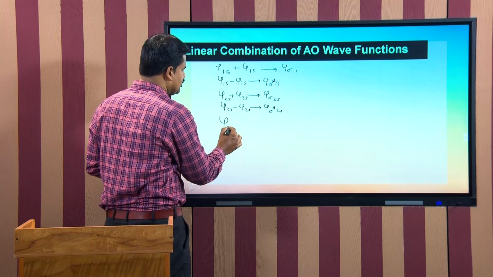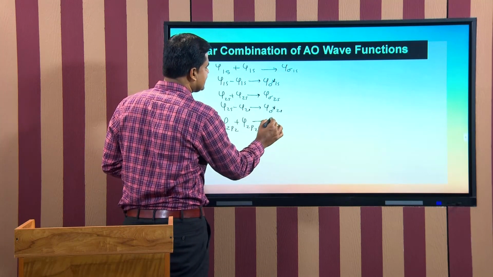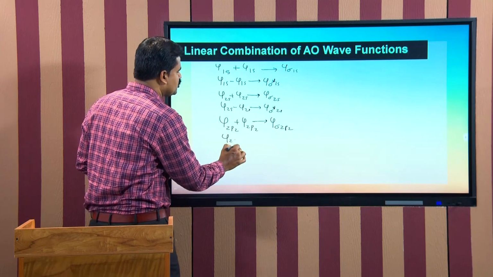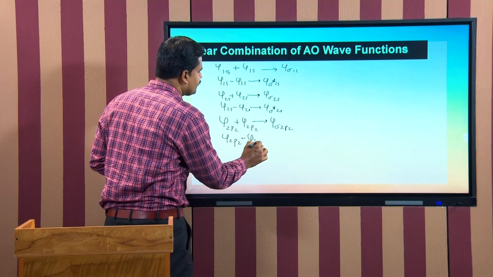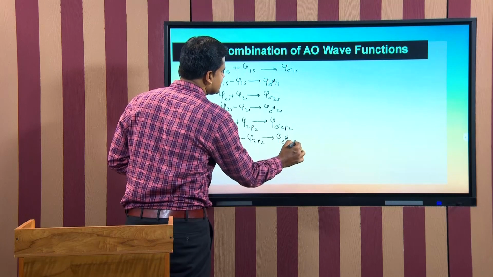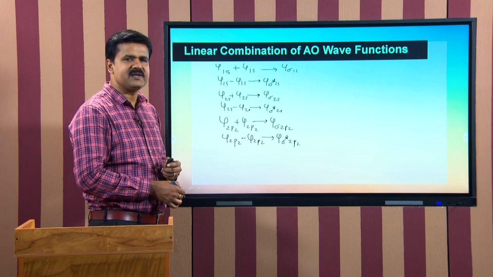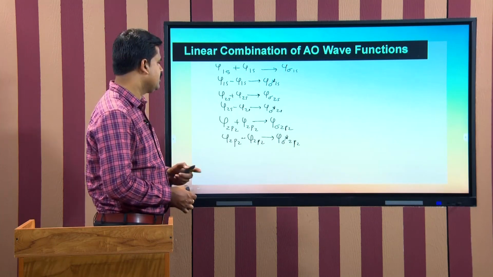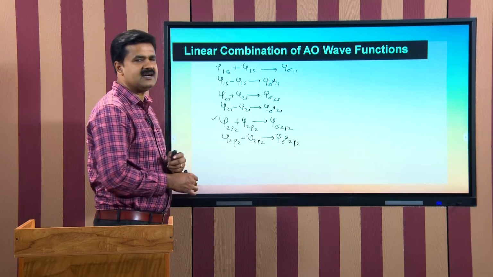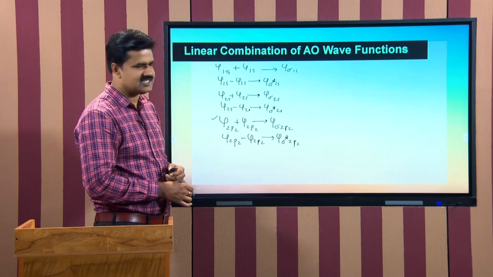Psi of 2pz plus psi of 2pz gives psi of sigma 2pz. Psi of 2pz minus psi of 2pz gives psi of sigma star 2pz. The second one represents subtraction combination of 2pz atomic orbital wave function, whereas this one represents the addition combination of 2pz atomic orbital wave functions.